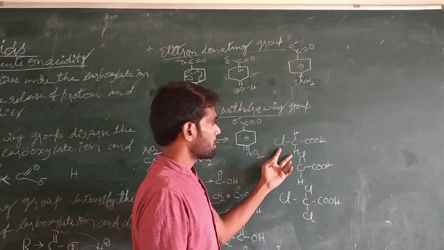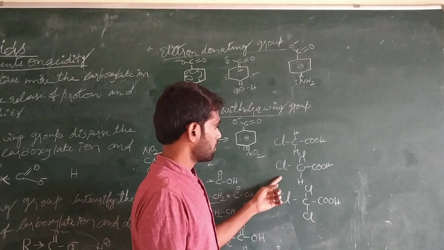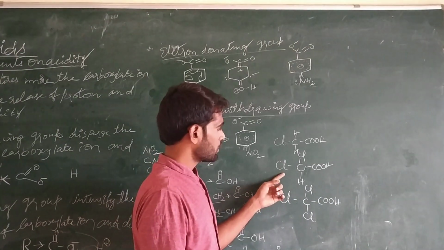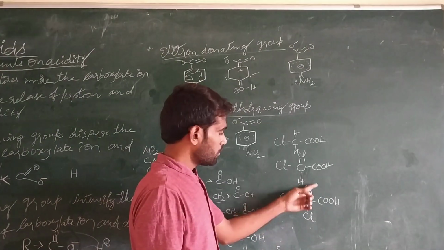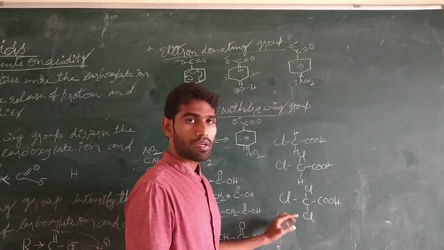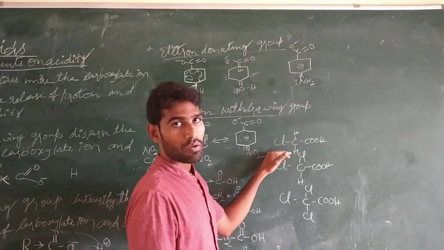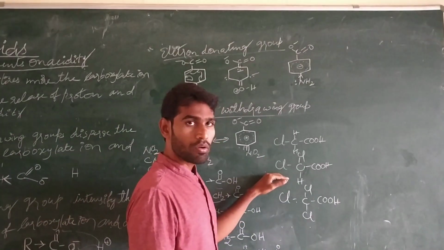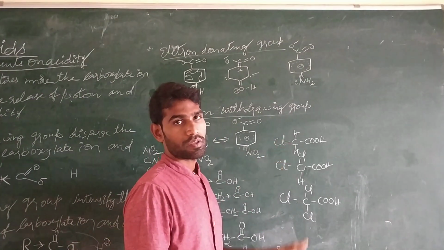Chloroacetic acid is less acidic than dichloroacetic acid. Dichloroacetic acid is less acidic than trichloroacetic acid. If you speak in a reverse manner, trichloroacetic acid is more acidic than dichloroacetic acid and chloroacetic acid, and dichloroacetic acid is more acidic than chloroacetic acid.